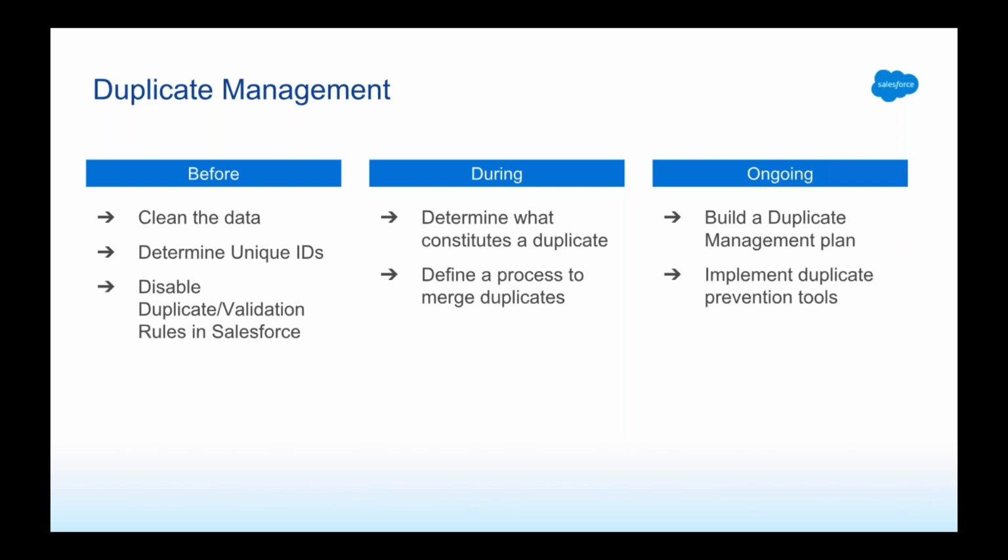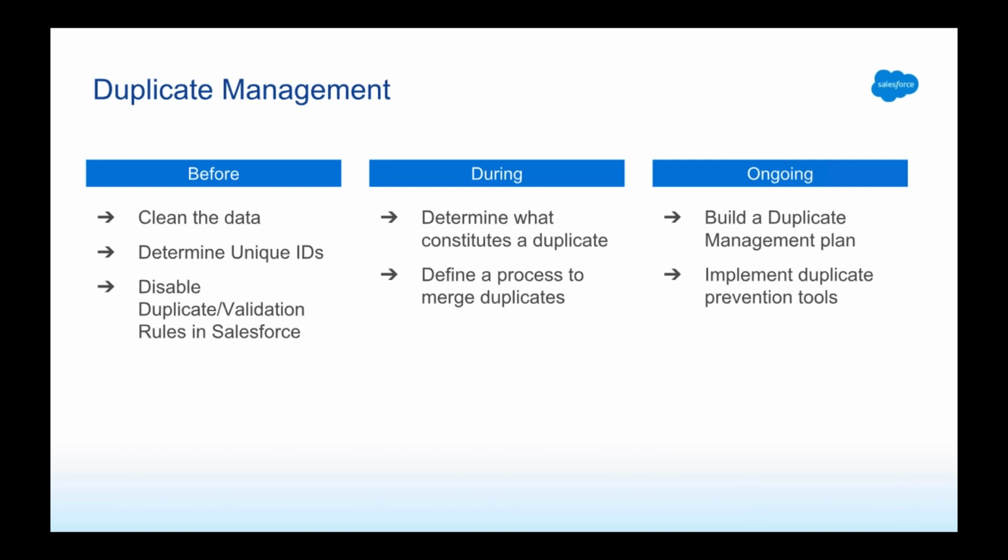And so here are some general tips. Before the migration happens, you'll want to clean up the data as much as possible. Now in Desk, it's a little bit difficult to work with your existing customers in bulk, but you'll want to clean those up as much as possible and make sure that the information is accurate. You also want to determine unique IDs.